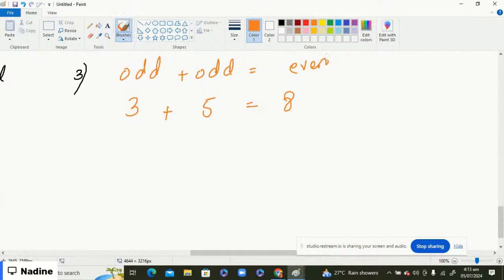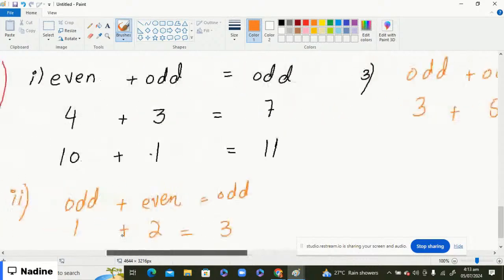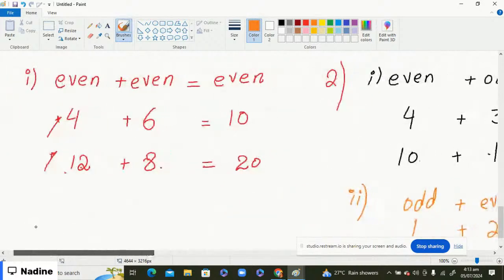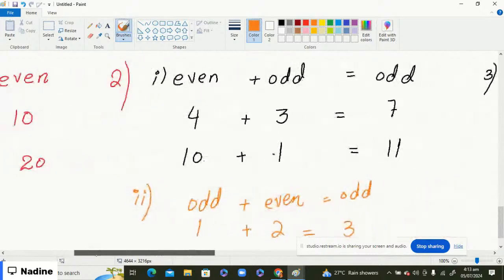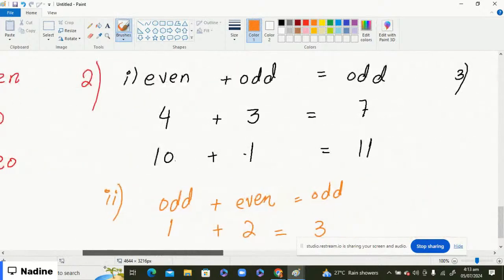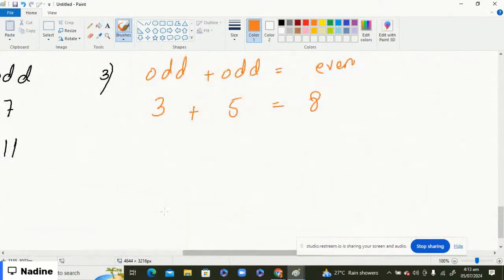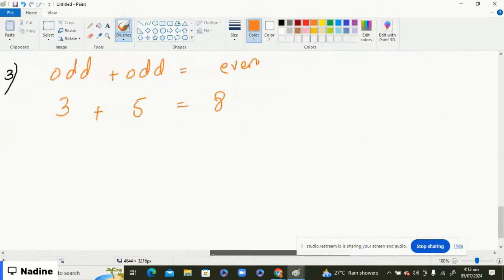If two odd numbers are added, then you get the answer even. This is the thing that we have done. So these are all the basic rules. First rule, two even numbers are added, then you get the answer even. One even, one odd is added, then you get the answer odd. Two odd numbers are added, then you get the answer even.